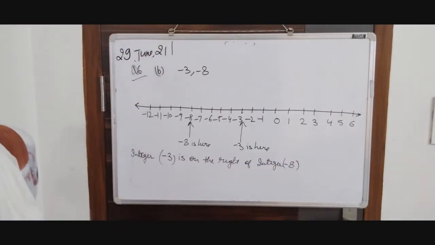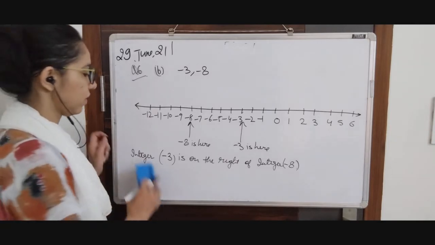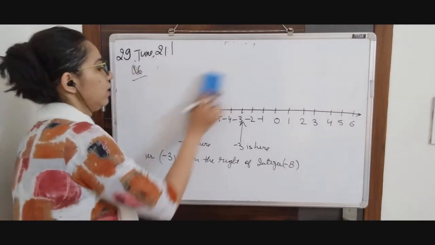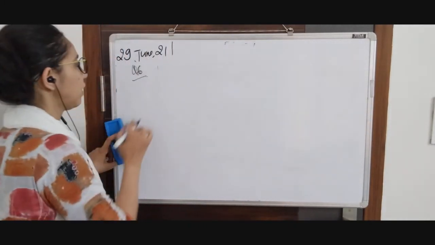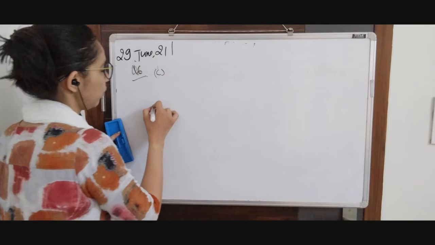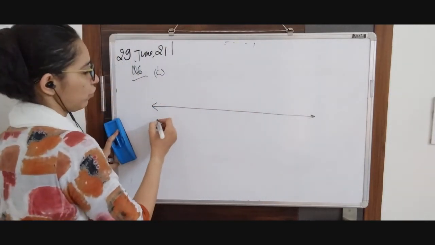Next we have to tell between 0 and -1. We will again draw a number line, mark the equal divisions and number them. Because we have only 0 and -1, I can draw my number line to be a bit smaller.